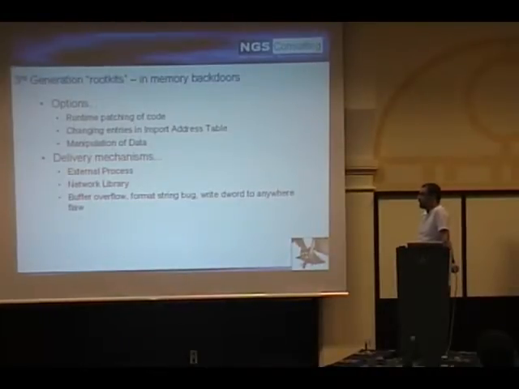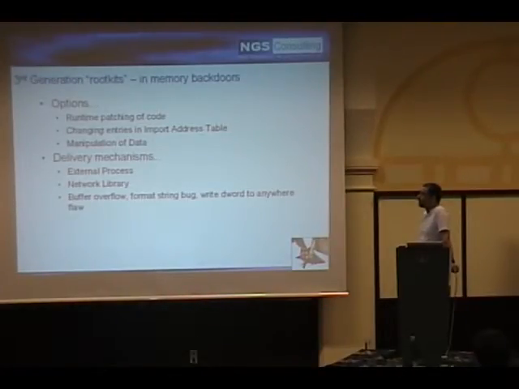Obviously, we could change entries in the import address table. When an executable loads, or a DLL for that matter, and it requires importing functions from other DLLs, the addresses are stored in what's known as the import address table. These are then dereferenced when they're called. So obviously, if we can manipulate these, we can redirect the flow of execution.